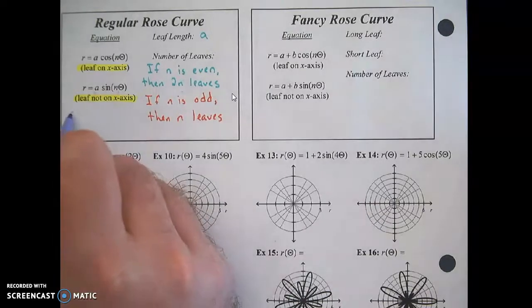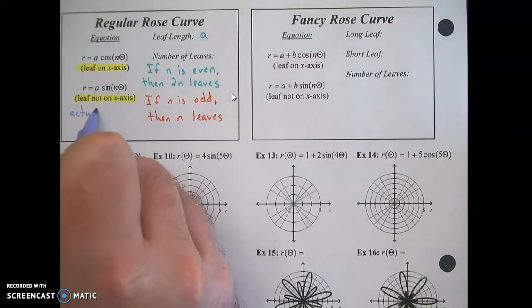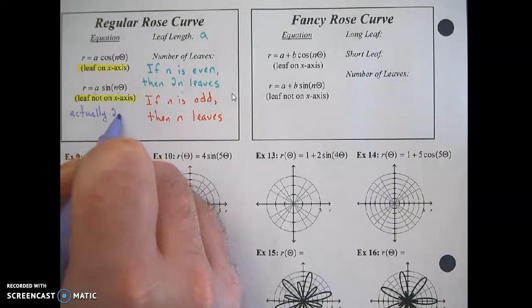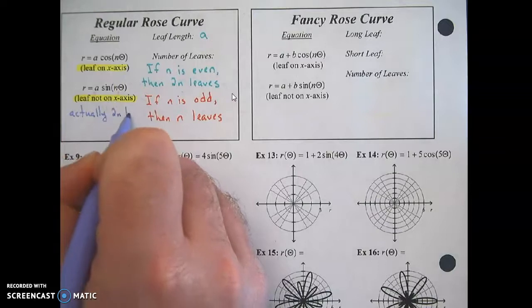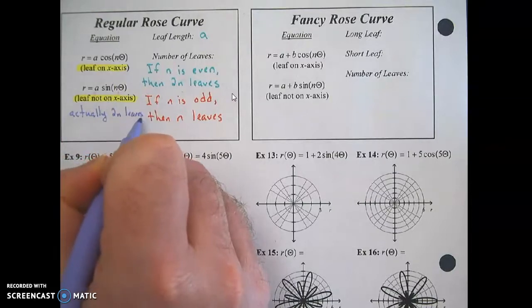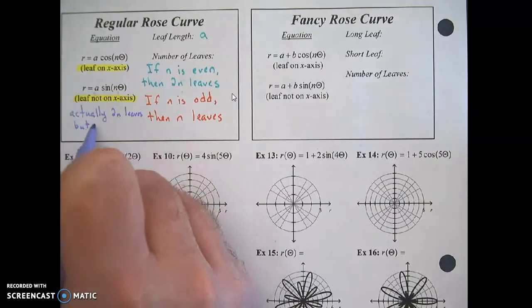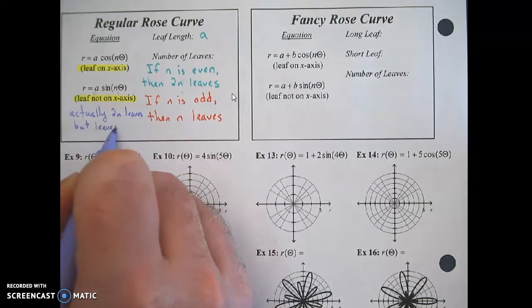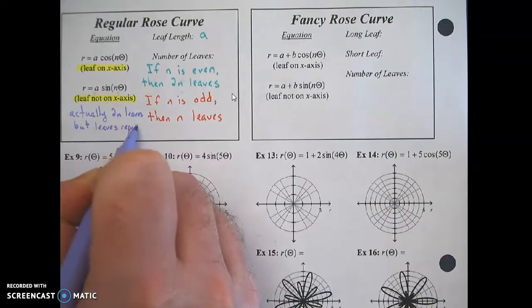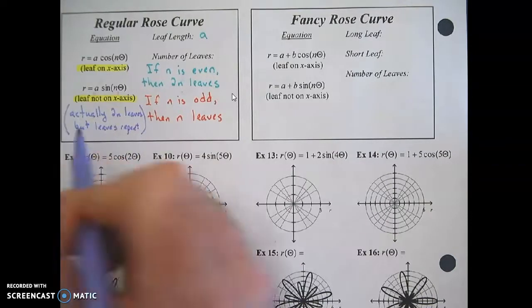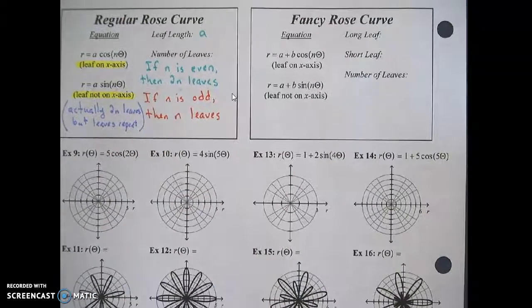There are actually 2n leaves, but the leaves repeat on top of themselves, so it only looks like there's half as many.